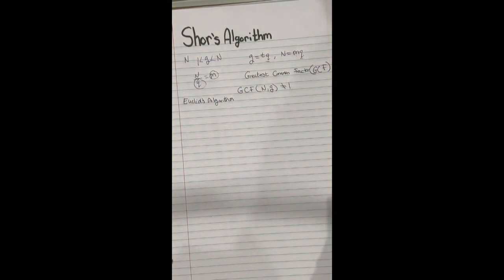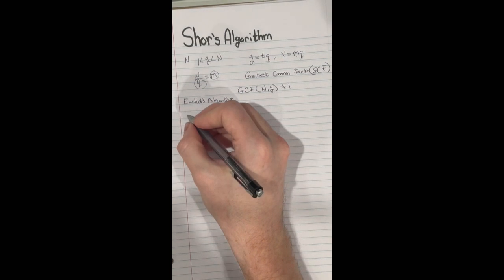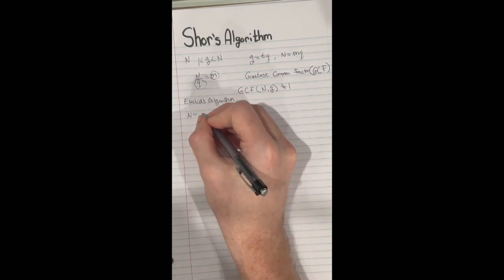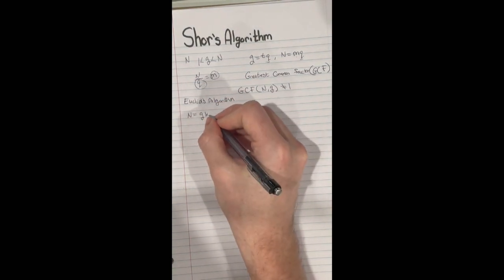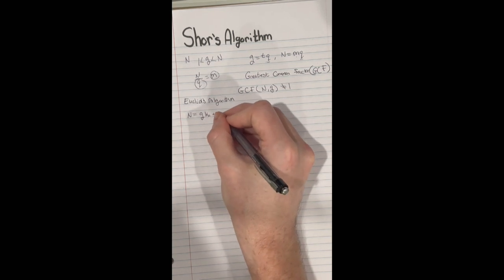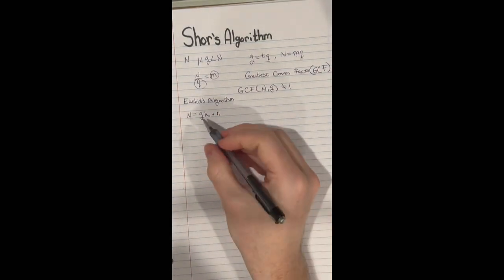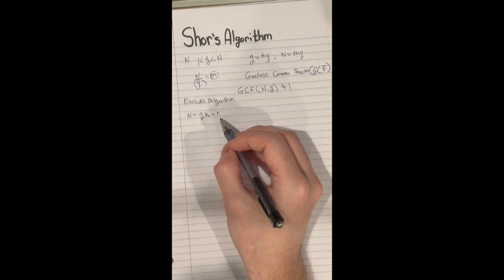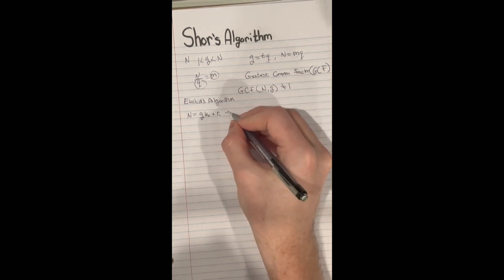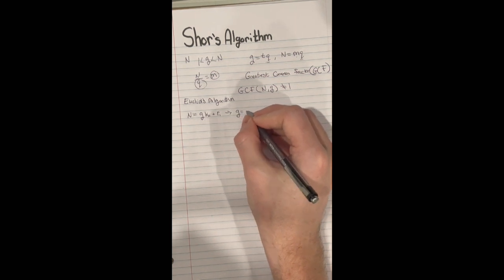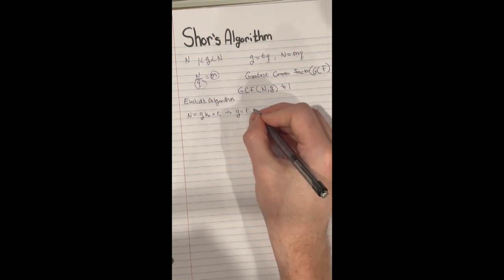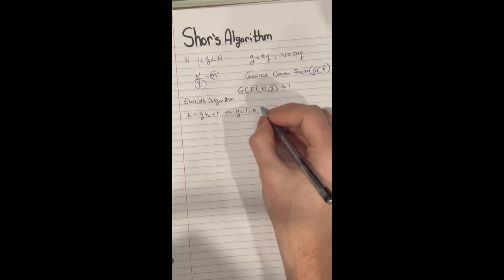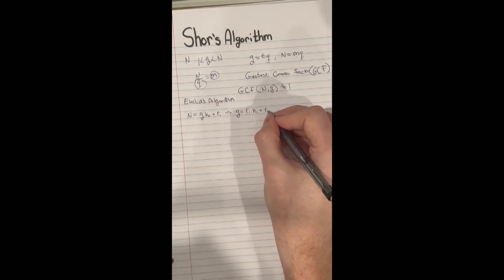And this is an iterative approach where to find the common factors of n and g, we follow the following algorithm. So we start with n equal to g times some integer k0 plus some remainder r1. And so we'll want to solve for the integer k0 and the remainder. Once we have this, we'll move on and do g equal to r1 times k1, some other constant, plus the new remainder.